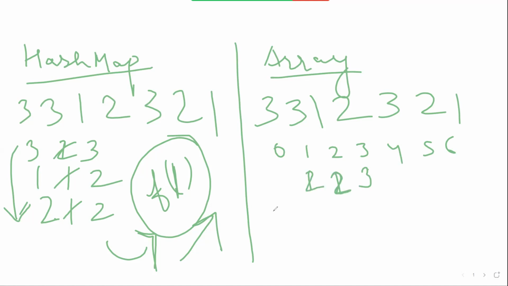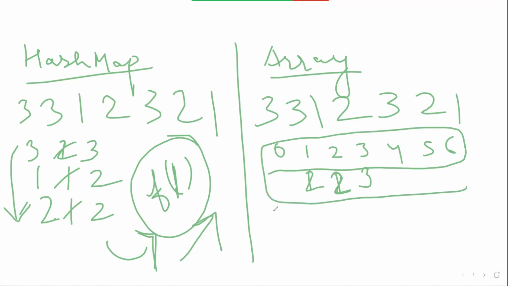Okay, so this is how we find the count of an element in the array. So we are going to use two arrays, one for count and one for frequency.